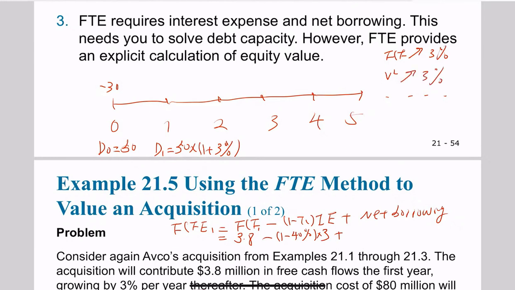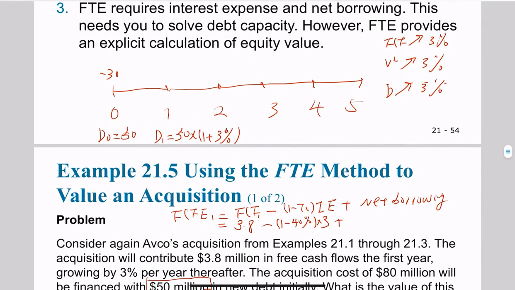And then to maintain the same kind of debt value ratio, debt has to increase at 3%. So you can see that net borrowing equals the difference between D2 and D1. And you can see that the difference is 50 times 3%, right?